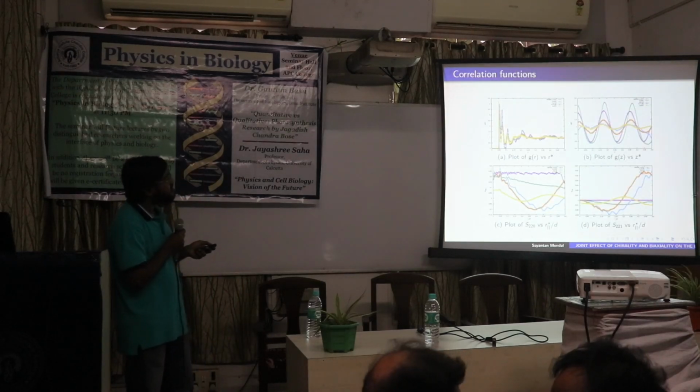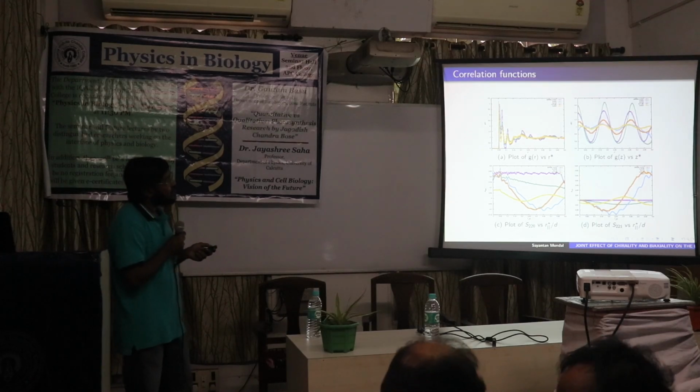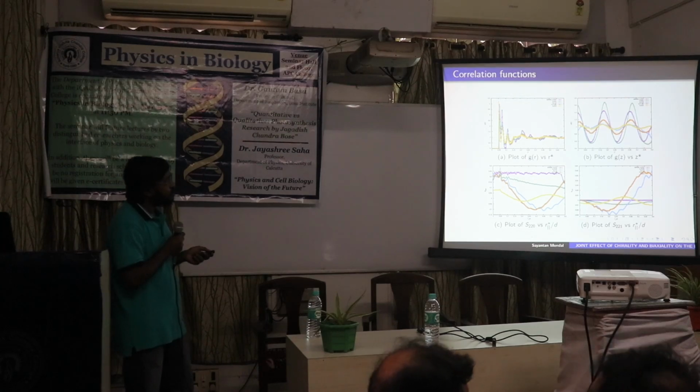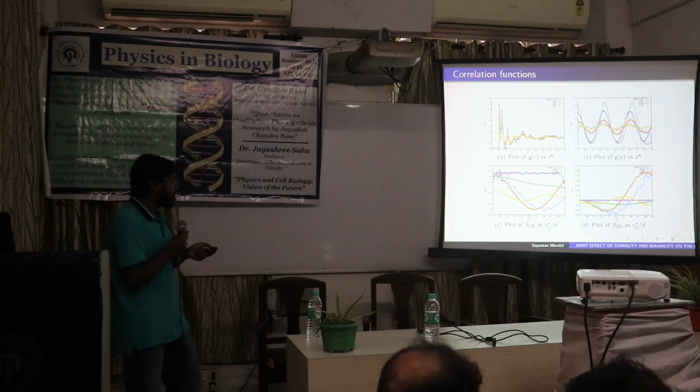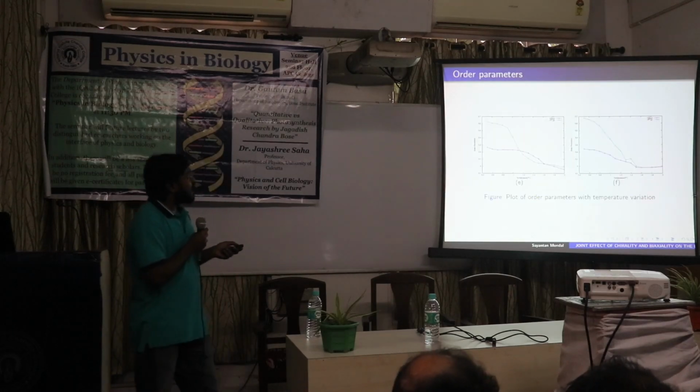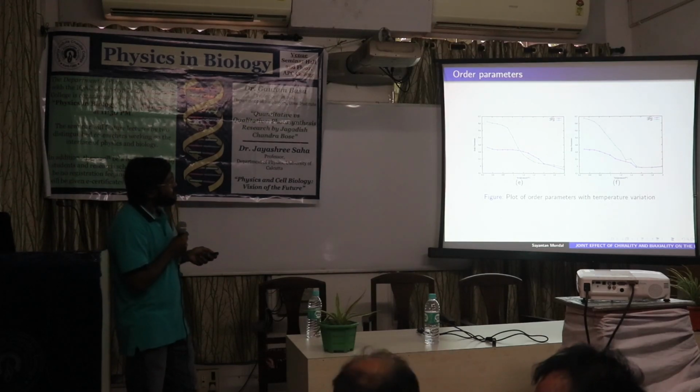Now, these are some correlation functions. This is the density-density correlation or pair correlation function. This is the pair correlation along the local director, this is the S220 longitudinal orientational correlation function, and this is the S22 pseudoscalar longitudinal orientational correlation. And these are the order parameter values at low temperatures.